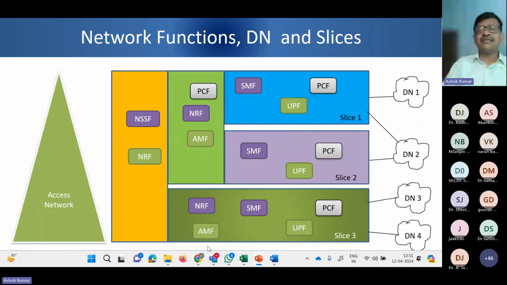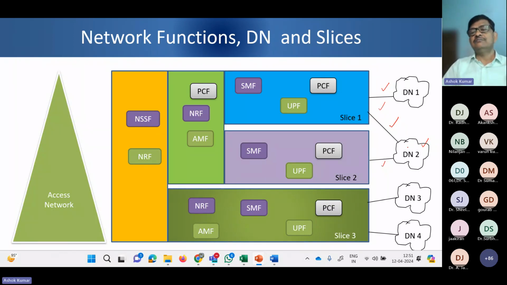So here you can see that one slice may connect to more than one data network. Slice 1 is connected to data network 1 and data network 2. Data network 1 may be some URLLC, 2 may be some other service. And also one data network can serve more than one slice.